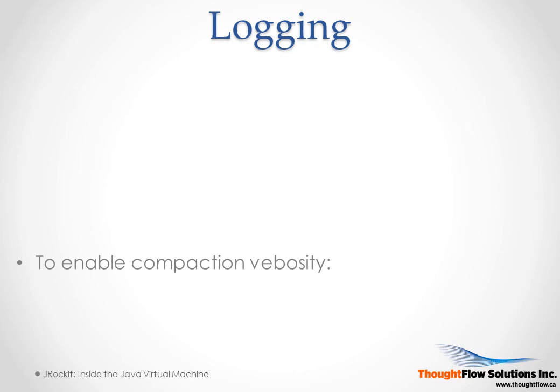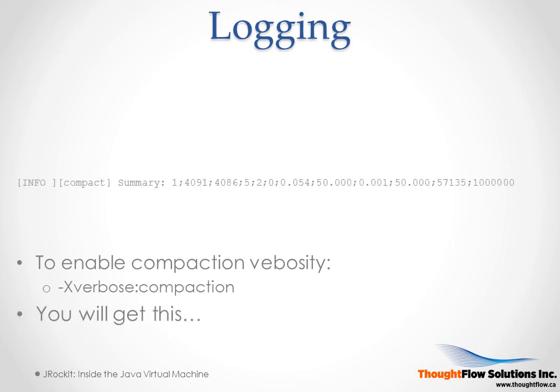If you want to enable verbosity for compaction specifically, you can use the verbose compaction flag. You'll get something like this, which is very cryptic and really doesn't have any documentation, but I'll tell you what this is. Every time you get a full garbage collection cycle, you'll have one line that prints out like this in your log.